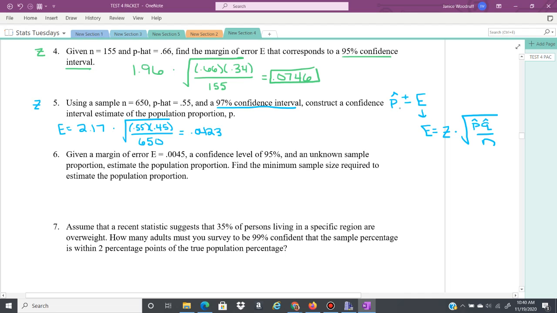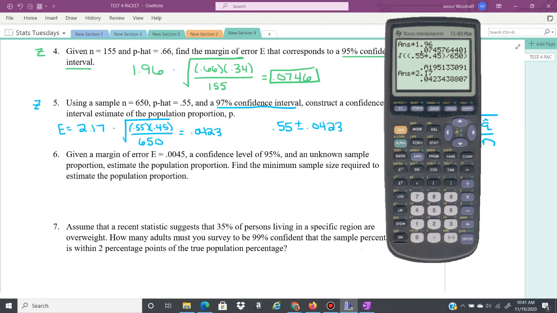So then we're going to do p hat plus or minus the margin of error. So your p hat is 0.55. So we're going to go 0.55 plus or minus 0.0423. And let's see what that gives us. So 0.55 minus, we get 0.5077, and then plus, we get 0.5923.